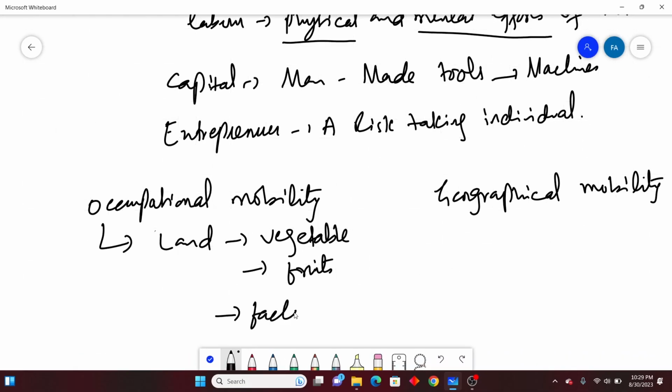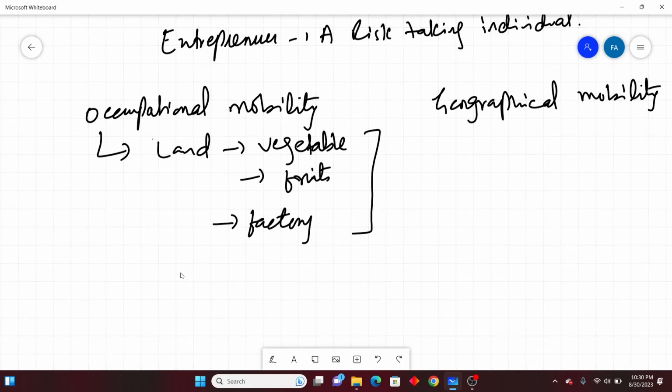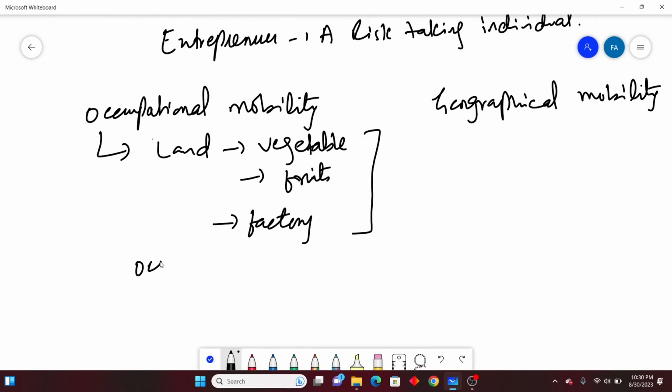So the occupational mobility, that means the work carried out on that particular land, can change. So we can say that land is occupationally mobile. What word do we use in our answers? We say it is occupationally mobile, which means land can be switched from one purpose to another and further to another.